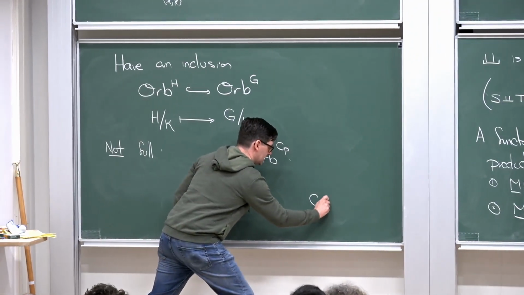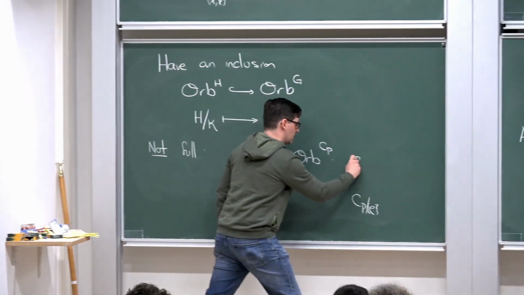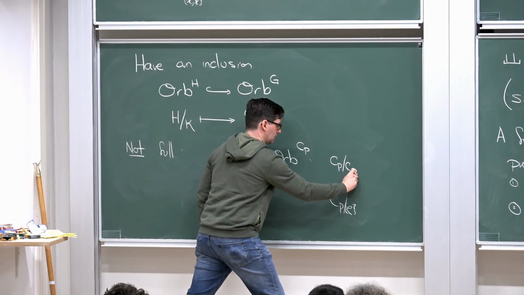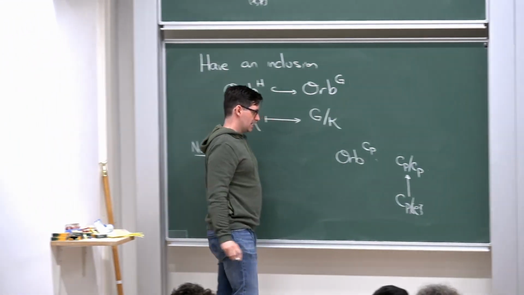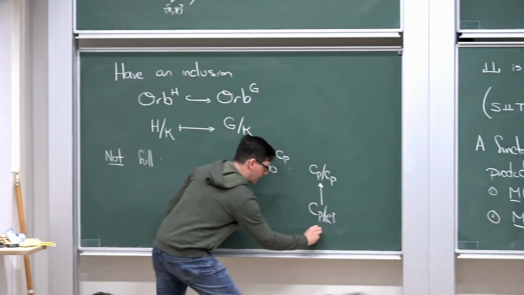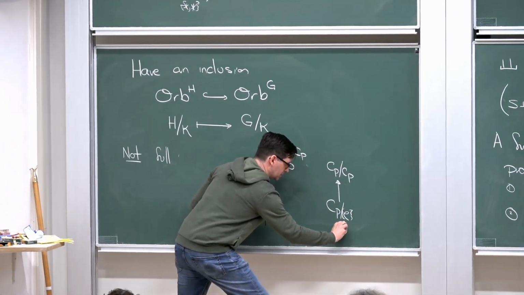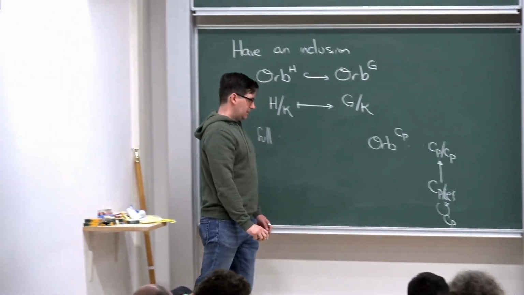There's CP mod E, the trivial group, and there's CP mod CP. And there's a unique map from CP mod E to CP mod CP, and right multiplication by elements of the group gives me an action of CP on this.